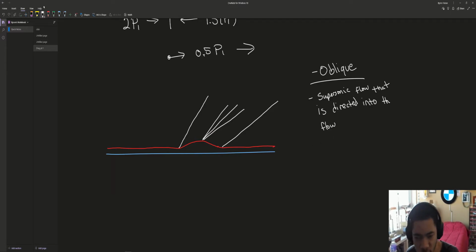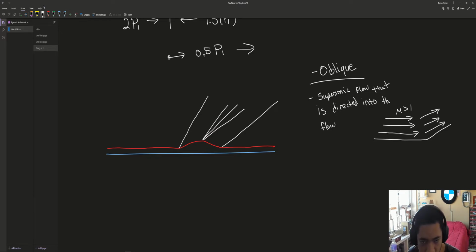And what that means is if I have something like this and we have some velocities here, all of which are Mach greater than 1, if it moves upward like this, that means it's also interfering with this flow up here that's trying to move. So because of this, it becomes oblique. It is moving into itself.